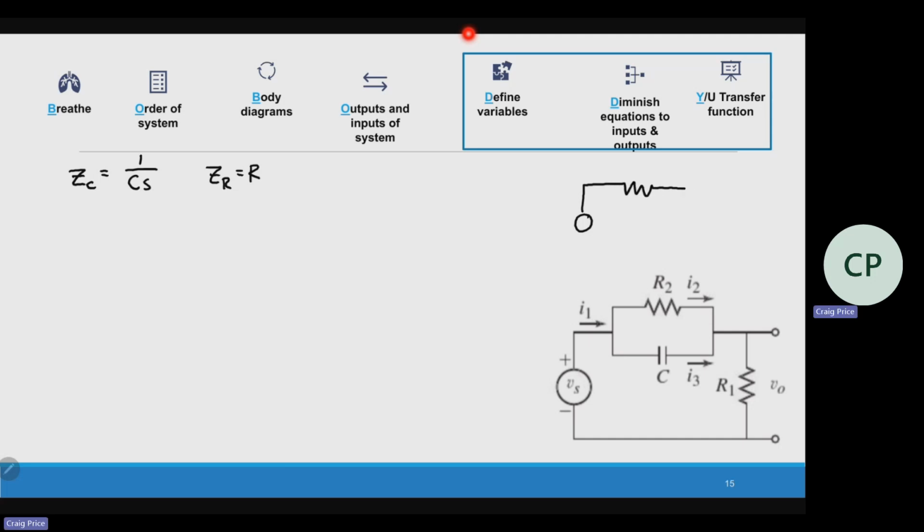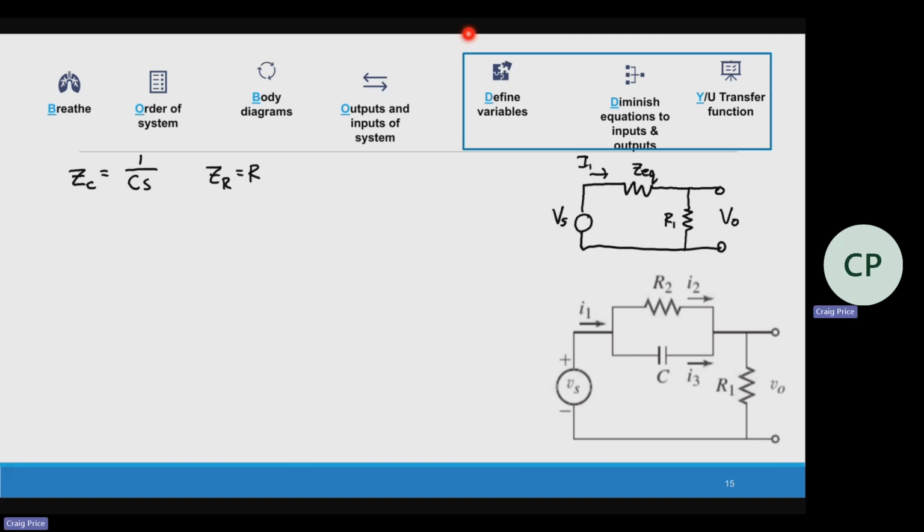We combine these into one equivalent impedance. So I've got I1 coming through here. Here's supply voltage. Equivalent impedance R1. This is my output voltage. So we have to define Z equivalent using those two.